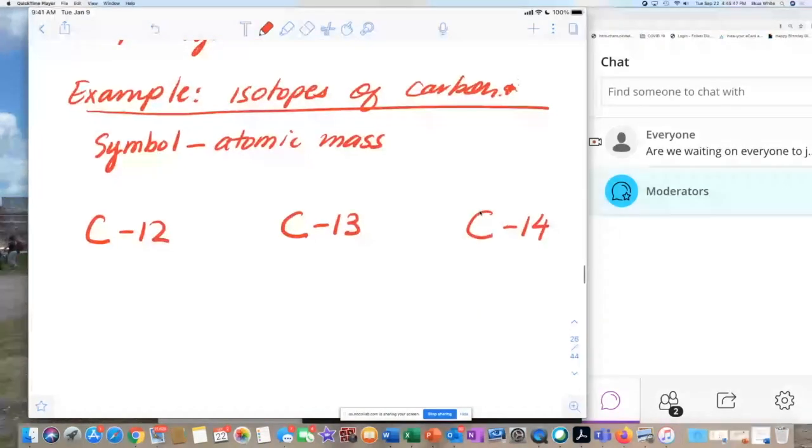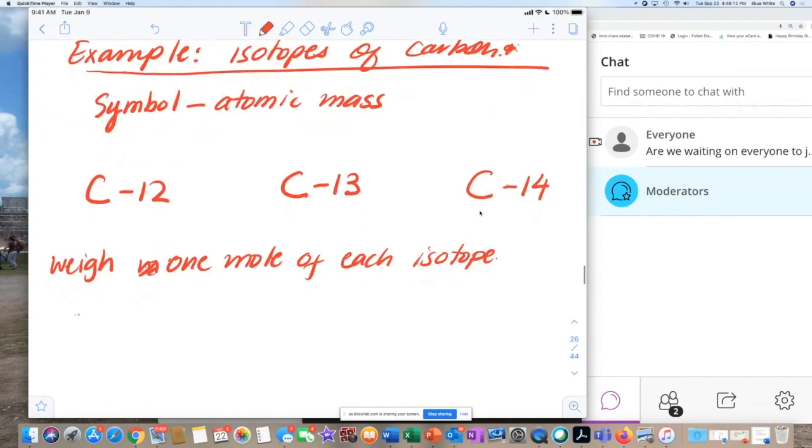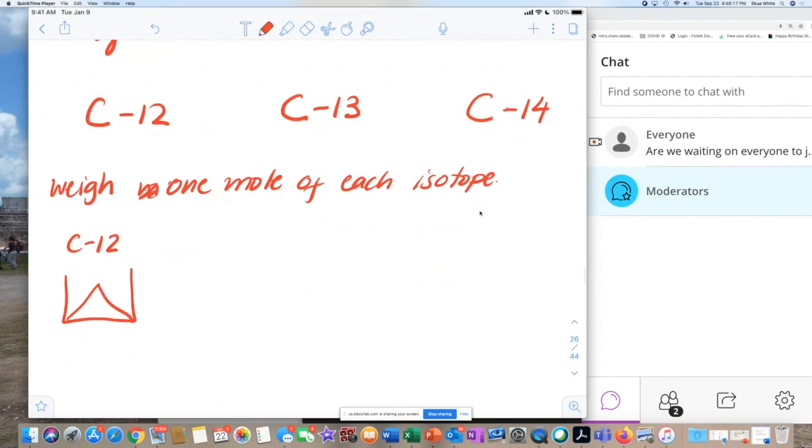Okay? So if you were to weigh a large amount, which is called a mole, in the lab, we tend to weigh molar amounts. So if you were to weigh, let's say here, 1 mole of each isotope in the lab for carbon 12 in a container, you will get 12 grams for 1 mole.